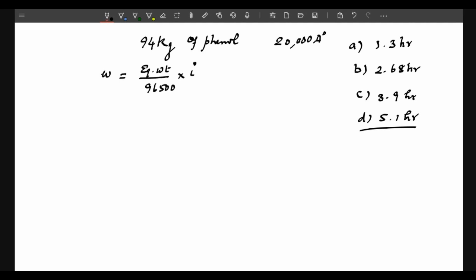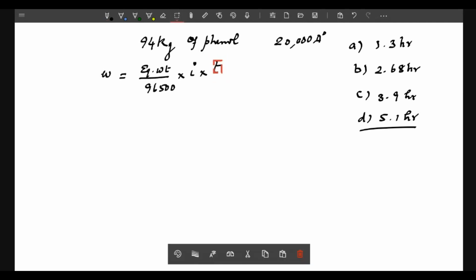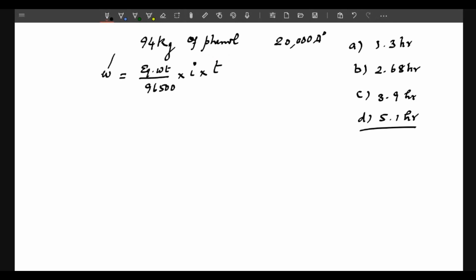What is asked? T is asked. Therefore, you should know the weight of the substance to be brominated.